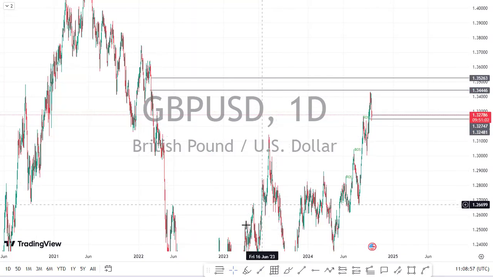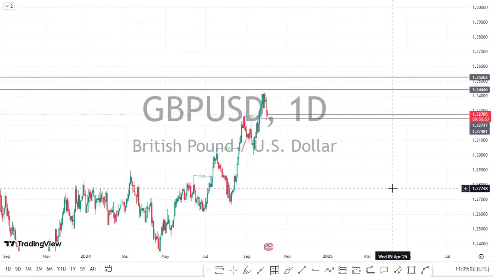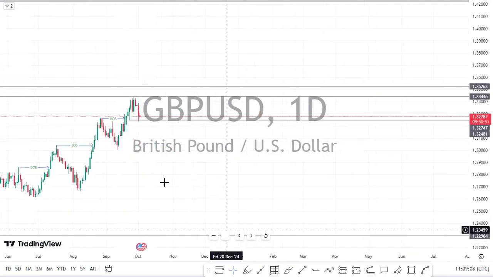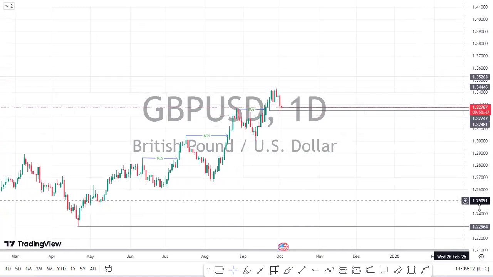So clearly we are in an uptrend. Daily says we are in an uptrend, weekly says we are in an uptrend, and we have seen clearly that we are breaking structure.